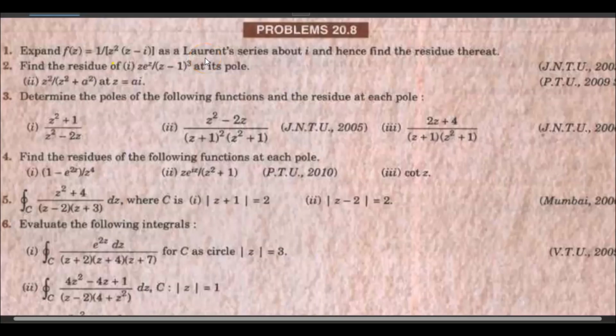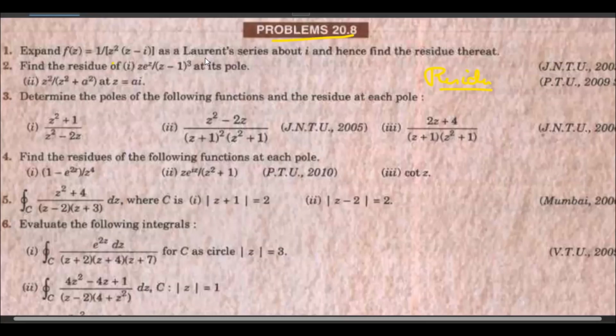In this video, I am going to discuss problem 20.8, and these are related to residues. In my last video, I already discussed the topic residue and how to calculate residue at poles, if it is simple or a pole of order n.